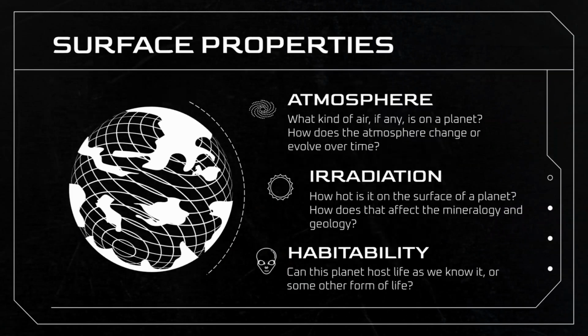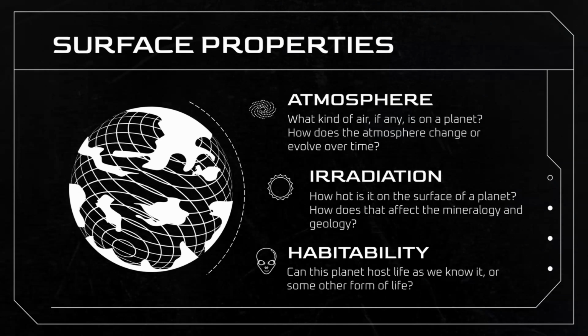On the surface, we are just beginning to be able to study atmospheres with the new James Webb Space Telescope, if you guys have heard of that. Although we can do that with other spectrographs as well, on ground and in space. The James Webb Space Telescope has really been revolutionizing our ability to study planetary atmospheres, especially on smaller rocky bodies.